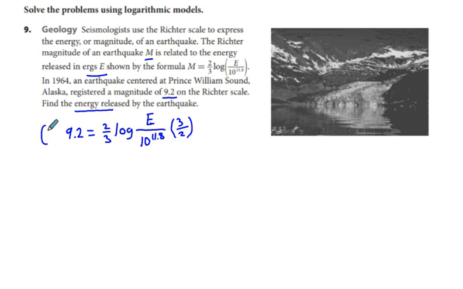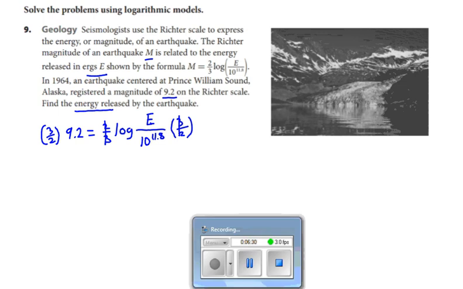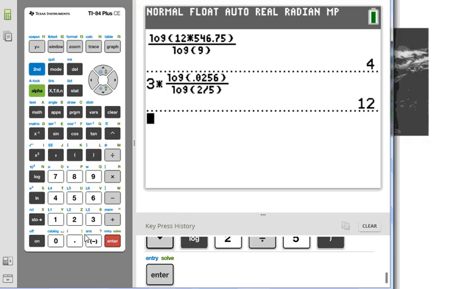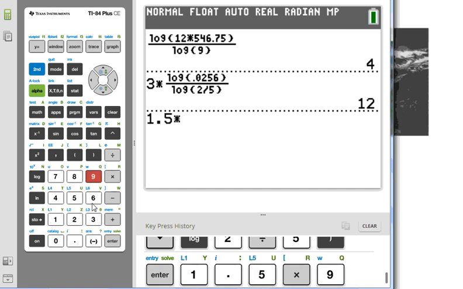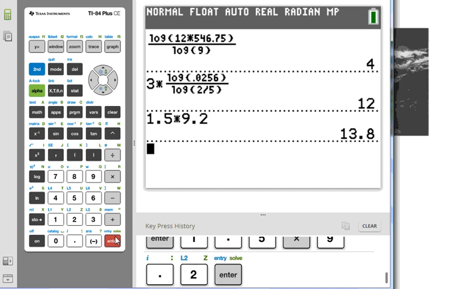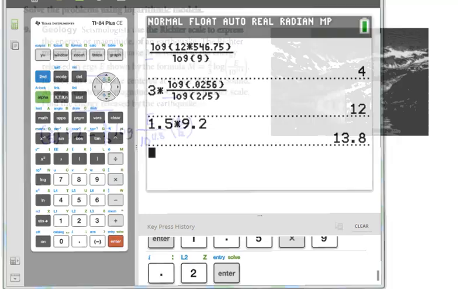And so when we multiply by 3/2, the 2/3 will be canceled out. And so we have 3/2 of, I'm just going to put here 3/2 of 9.2. Let's get the calculator. 3/2, which is 1.5, times 9.2. That's going to be equal to 13.8.